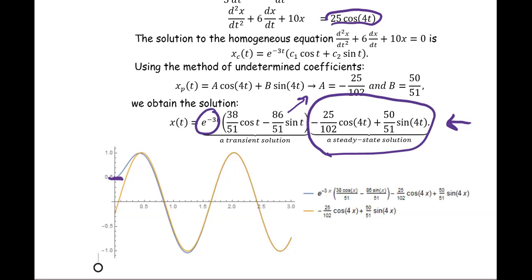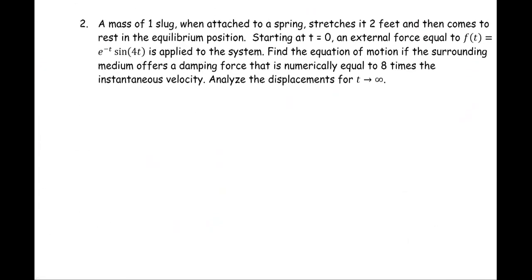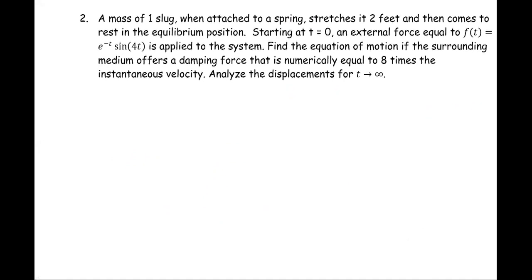That means steady state, so eventually it just follows a periodic pattern. Let's form this equation real quick, and then I can describe more with the graph of the solution.